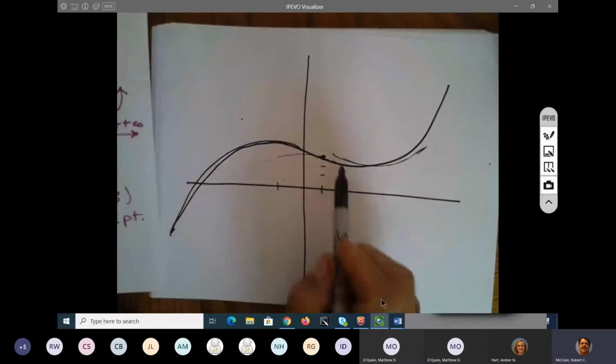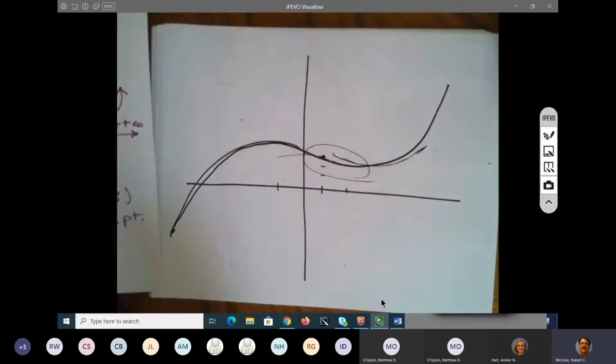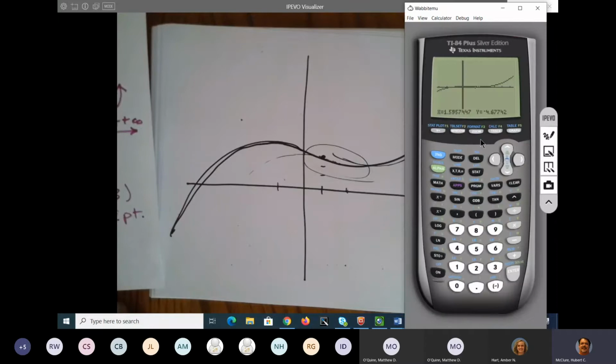Now to see this hidden behavior right here, you're going to have to blow that curve up. It's there, but you have to blow it up. So you take your handy dandy calculator, and I'm just going to zoom in one time, since we know what it looks like now, and put that cursor right there.